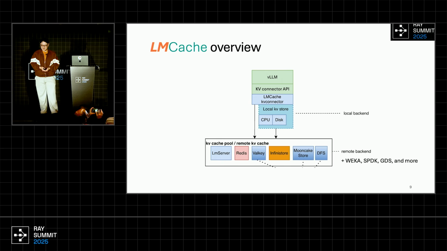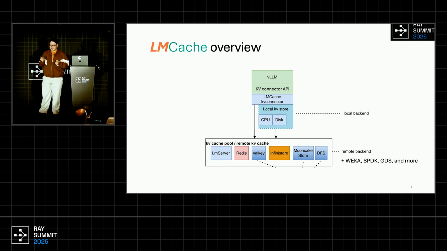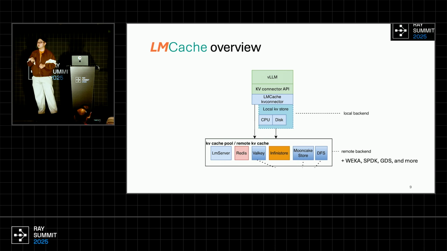So from a system perspective, imagine a system figure here. On the top there will be an inference engine, and then we open up an API to connect vLLM to our LMCache. Behind LMCache it operates between two different types of media.